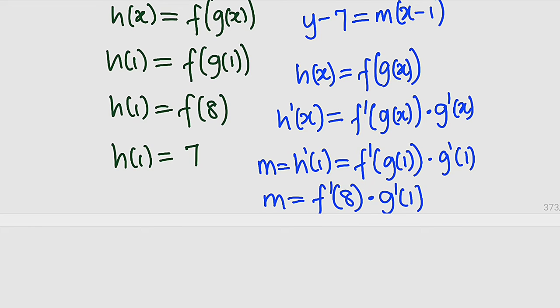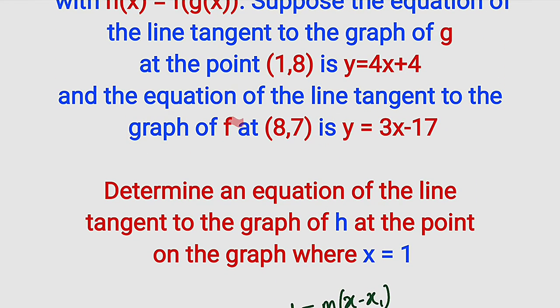So what is f prime of 8? Let's go back to the function f. So this is our function f. Remember, if you differentiate f and plug in 8, you're going to obtain 3 exactly, because 3 here is the slope of that tangent line. To get the slope of that tangent line, you need to differentiate that function and substitute the value of x, and it will give us 3.